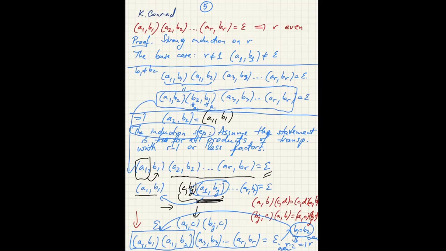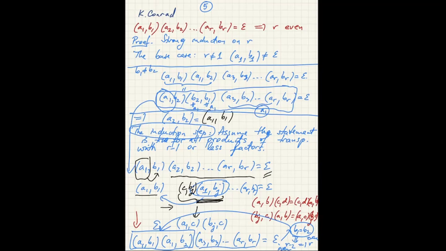And so we can argue that because A1 at the beginning appears in that product, there must be some A1 further down here. So we can go again through the same proof, and we can either end up with a situation that the first two transpositions are the same, in which case again we get R minus 2 even, or we can reduce the number of A1s furthermore.